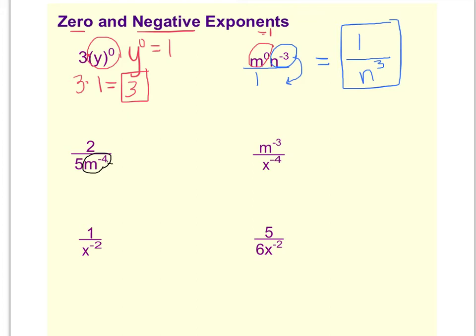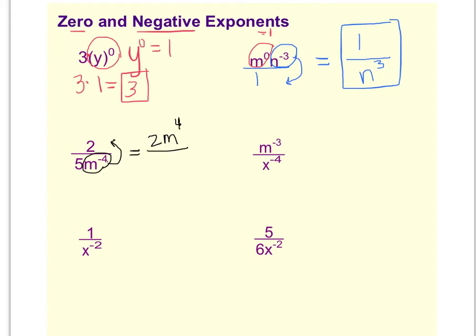That is the only thing that has to move, and because it's in the denominator, it's going to move up top. So when we rewrite this, the 2 and the 5 did not change at all. Those did not move. So you still have a 2 up in your numerator, but that m to the negative 4, when that moves up top, you keep the same base of m, and now it's a positive 4.